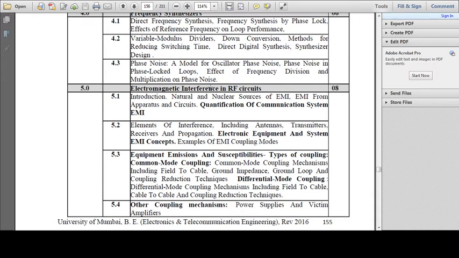Also another coupling mechanism, power supplies and victim amplifiers. So in module 5 we introduce the concept of electromagnetic interference in RF circuits. The total number of lectures allocated is 8.